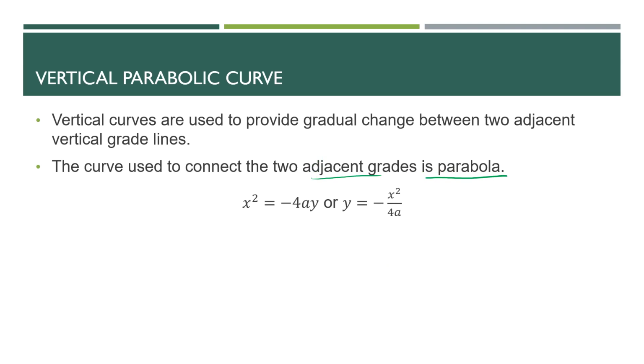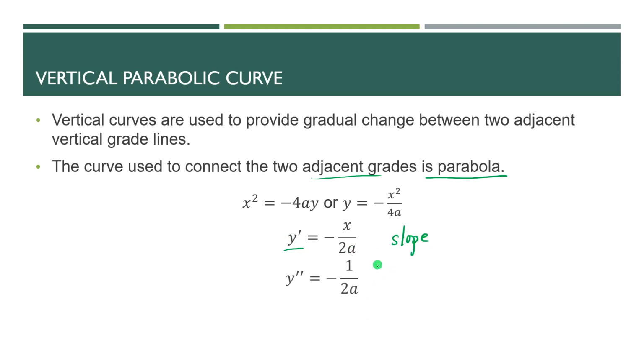When we recall the general equation of a parabola, which is right here, x squared equals negative 4ay, or y equals negative x squared over 4a. When we take the first derivative of this equation, we have negative x over 2a, which is y prime, the slope of the parabola.